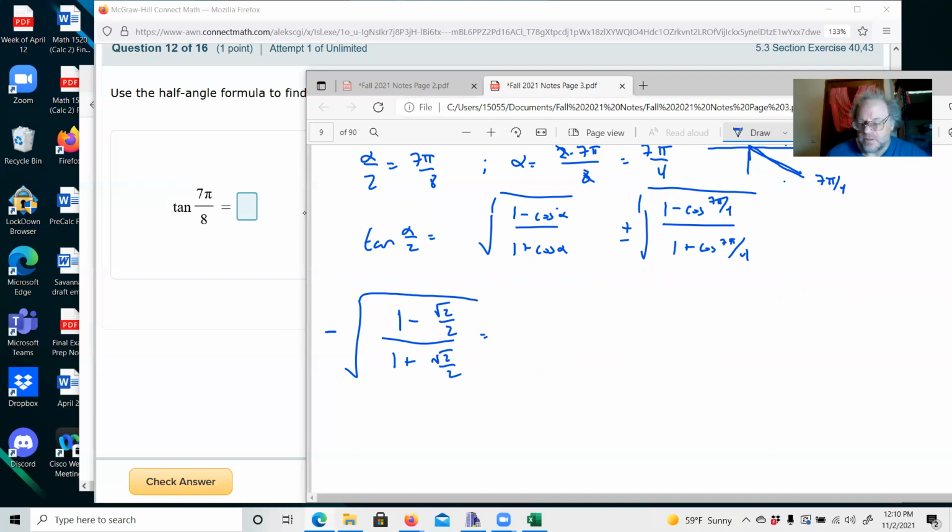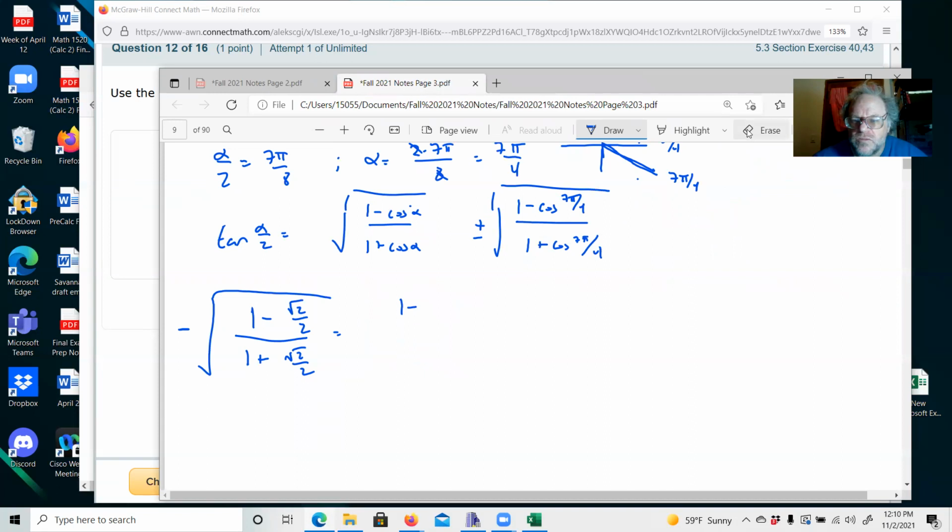Okay, so let's go ahead and do this. We're going to have 2 minus root 2 all over 2. All I did was get a common denominator, divided by 2 plus root 2 over 2, again common denominators.